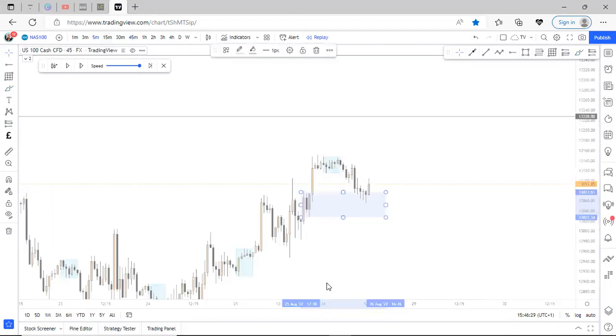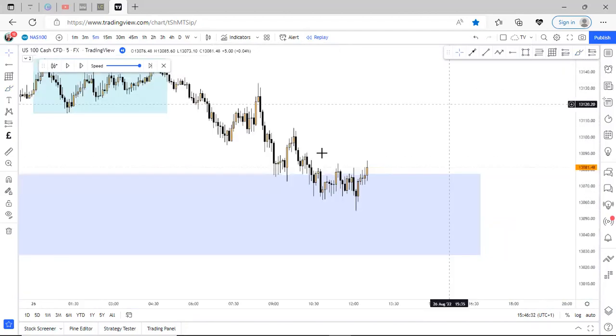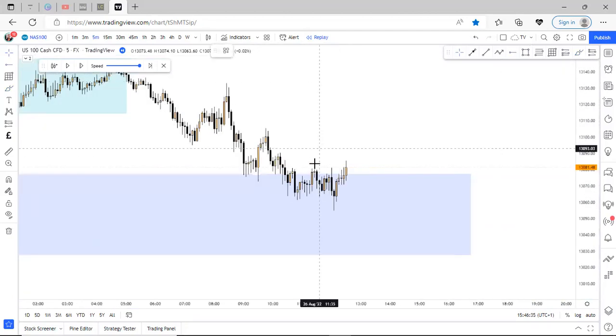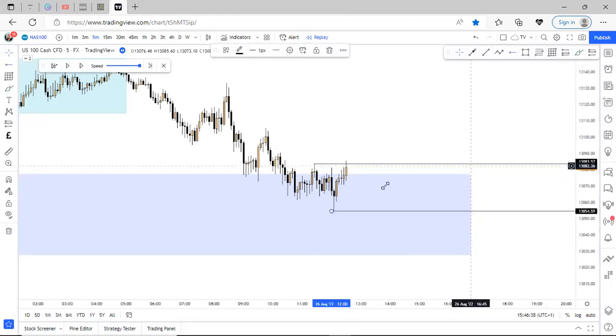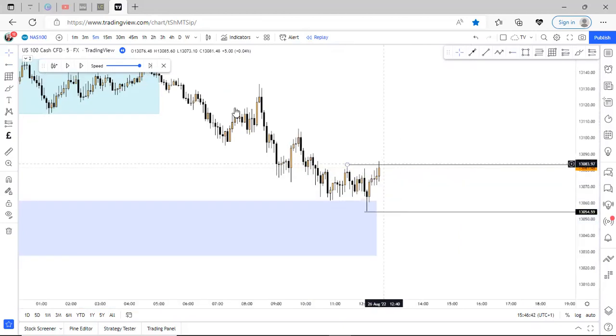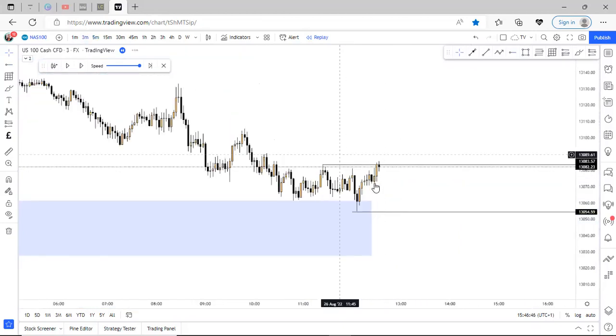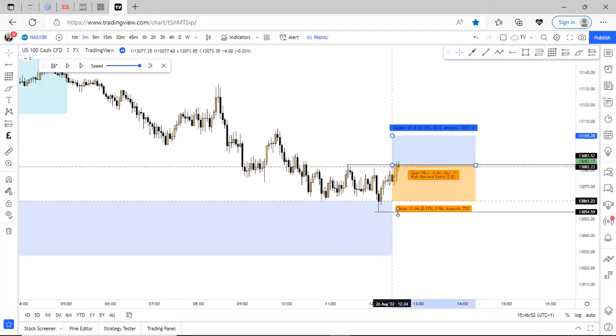There was a confirmation entry on the lower time frame. This was the high that gave the last push that mitigated the zone. Once we broke above this high, I just market executed a buy.